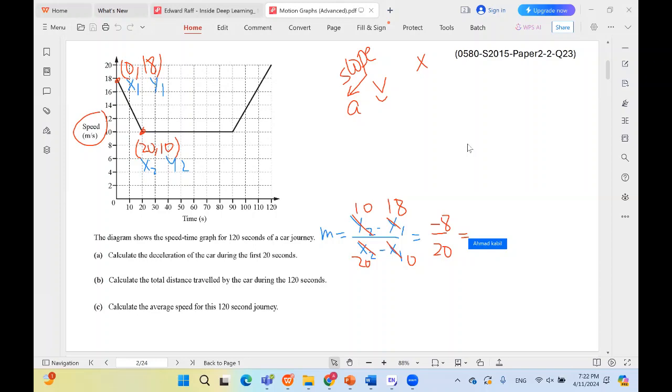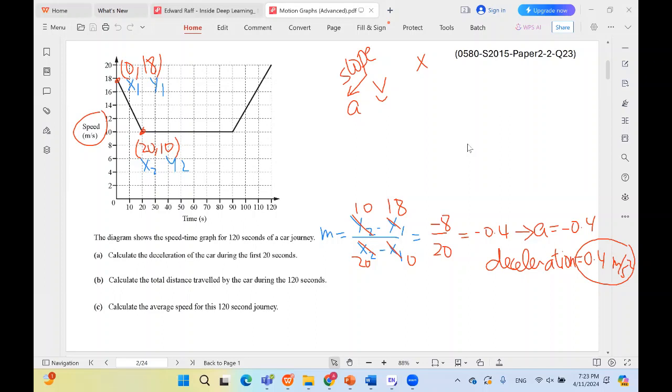And this is the same as negative 0.4. So the acceleration is negative 0.4. So the deceleration would be positive 0.4 because deceleration is the negative of acceleration. The unit here, of course, is meters per second squared. You should know this as well. So this is our final answer.